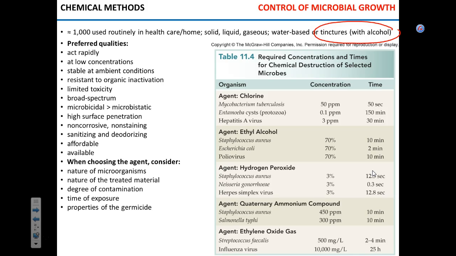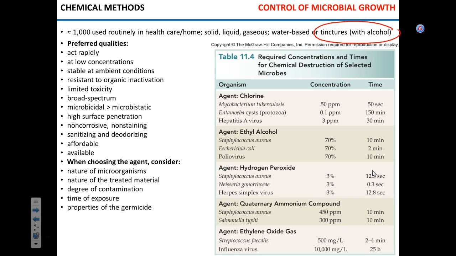Okay, let's put it this way: limited toxicity, obviously. If it kills microbes, it will probably kill you. What else? Acts quickly. It doesn't have to sit for 3 hours. What else? Cheap.